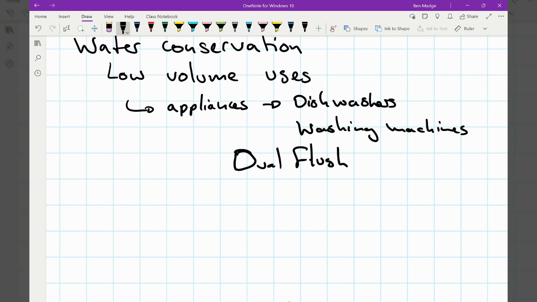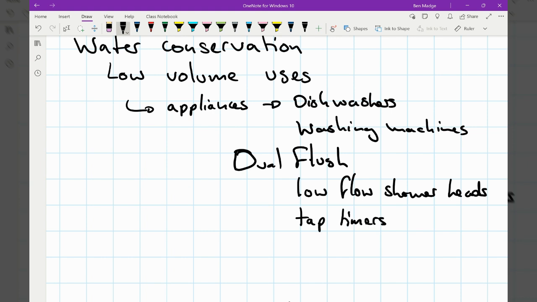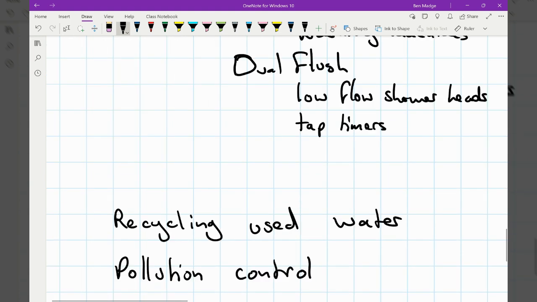You have low flow shower heads. And you might have tap timers, especially in public toilets or something like that. So instead of turning it on and off, it slowly turns itself off over time.